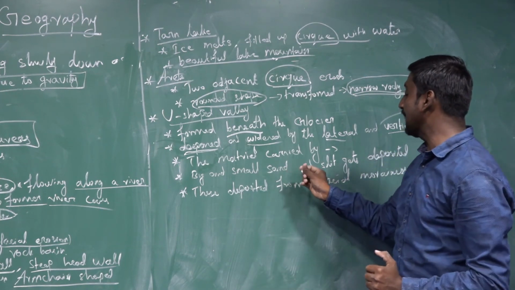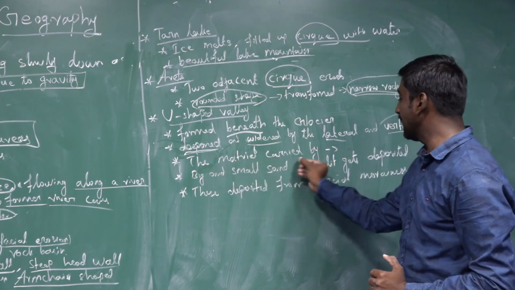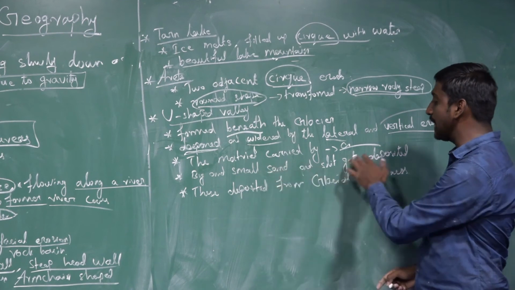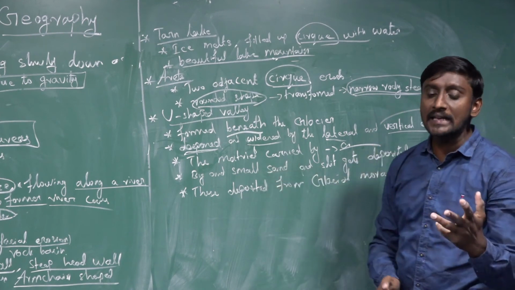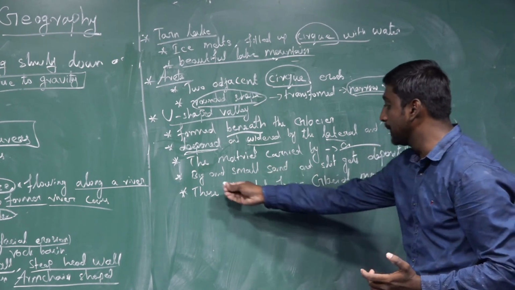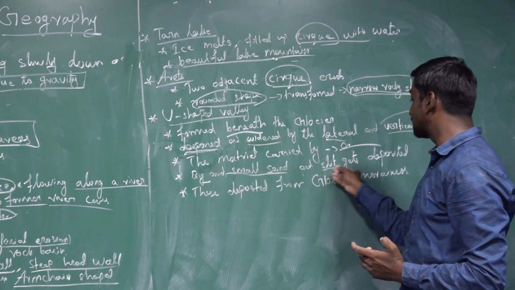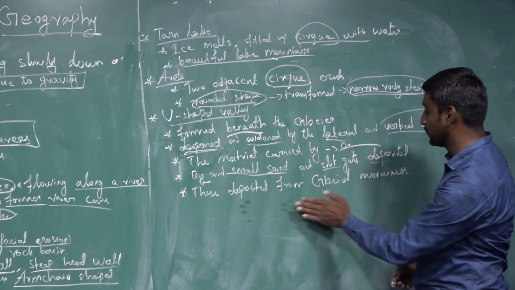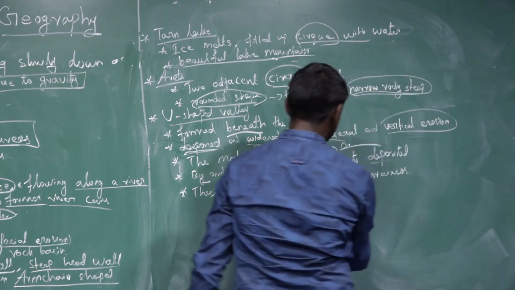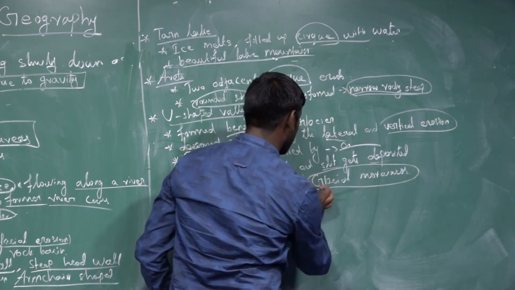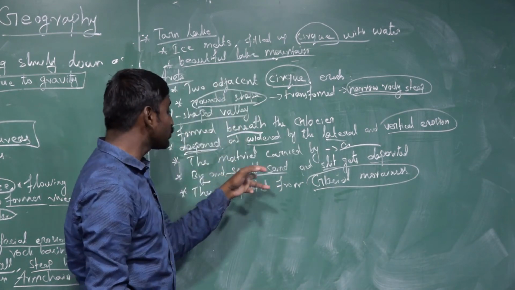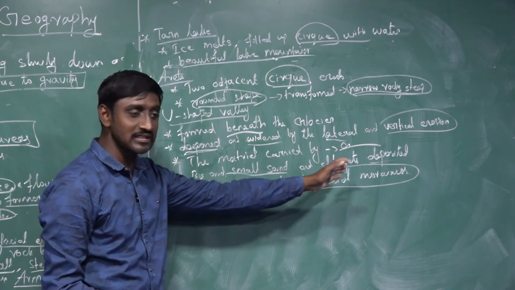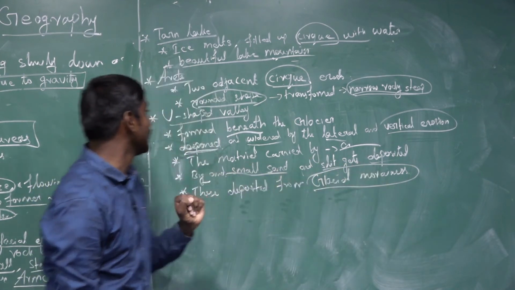The material carried by the glacier, big and small sand and silt, gets deposited. This deposit is called glacial moraines.